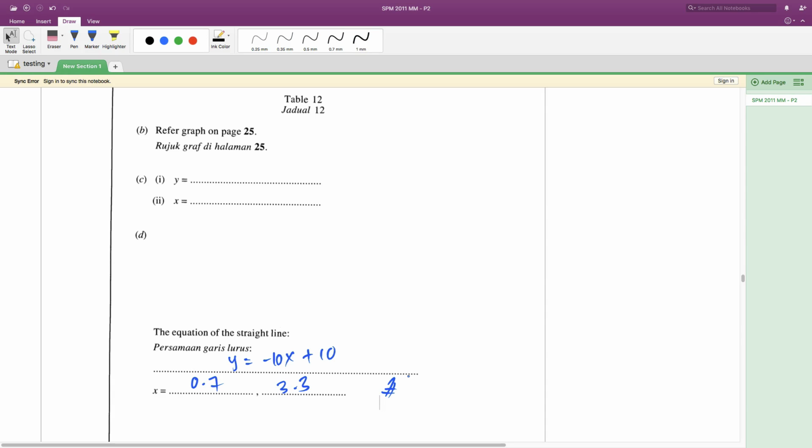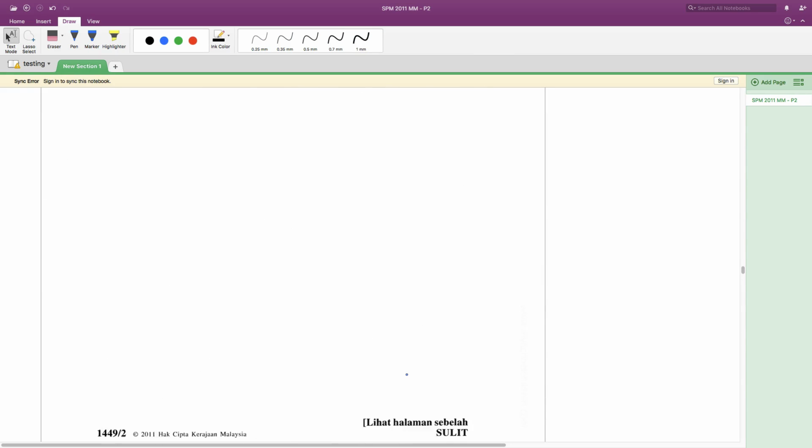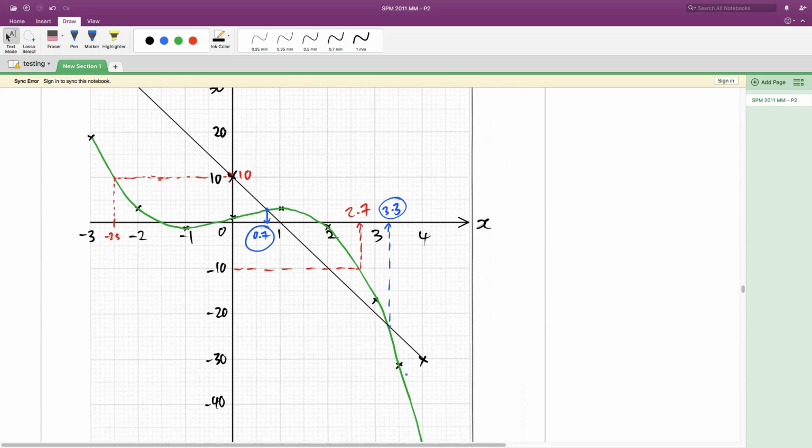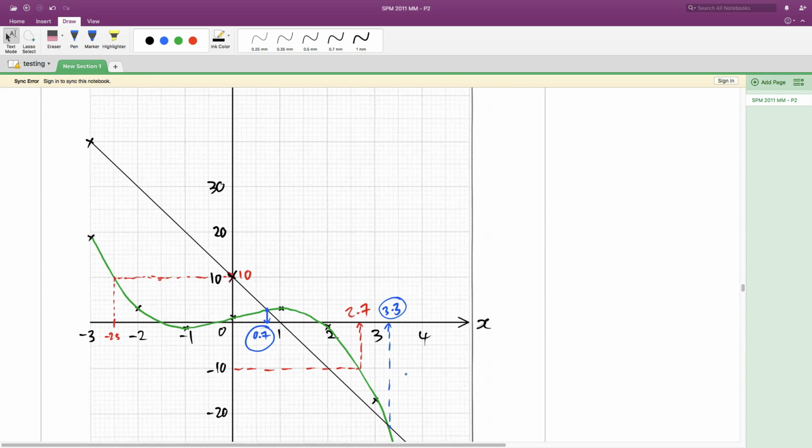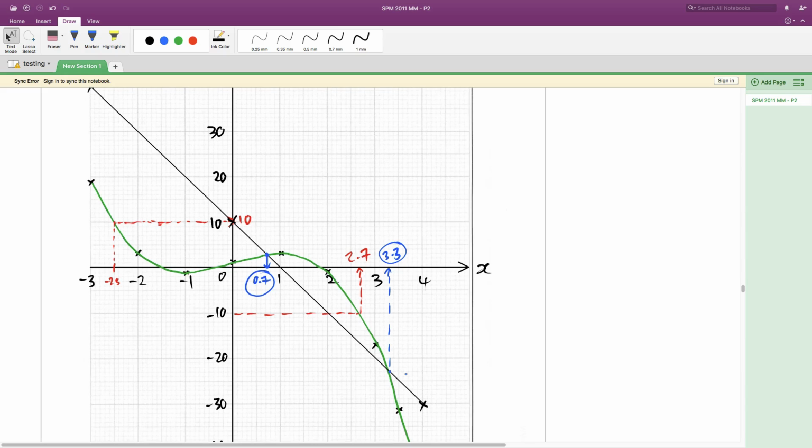So is it okay if I use 0 and 2? Yes, you can use 0 to 2. The reason why I use from negative 3 to 4 is because whenever you draw the straight line, the further the distance of the coordinates, the better. It means if the distance between coordinates is farther, then your line will be more accurate.